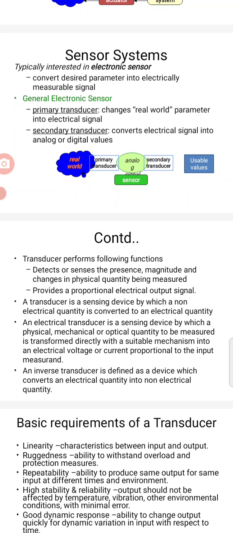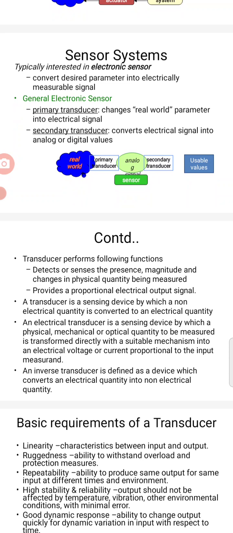The two main functions of a transducer are that it detects or senses the presence or magnitude and changes the physical quantity into electrical output. In general, we can say that the transducer is a sensing device which converts a non-electrical quantity to an electrical quantity.